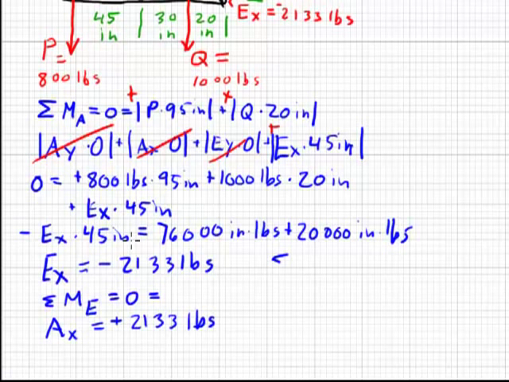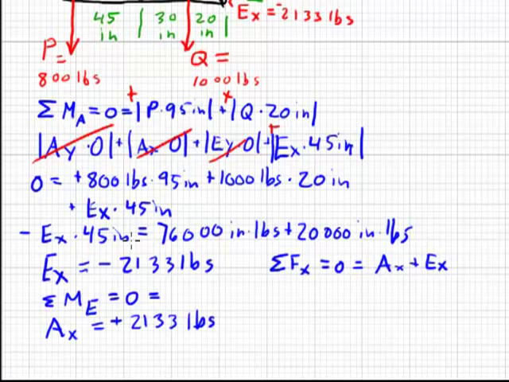If I add up the forces in the X direction, they have to equal 0. And these forces are AX plus EX. There are no applied forces in the X direction. So AX is positive.